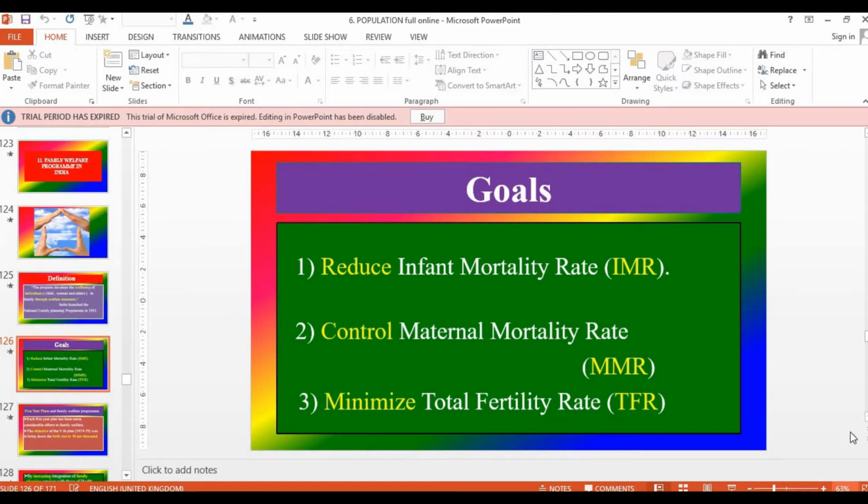So these are the technical terms used: IMR, MMR, TFR.